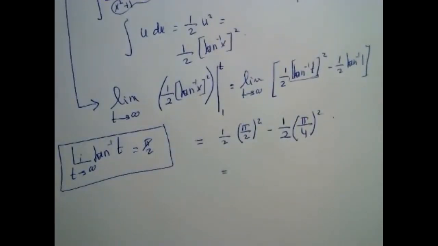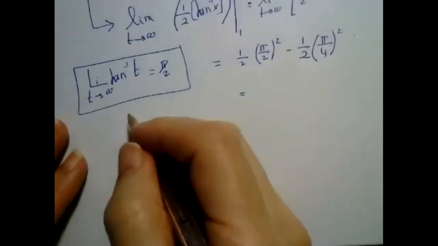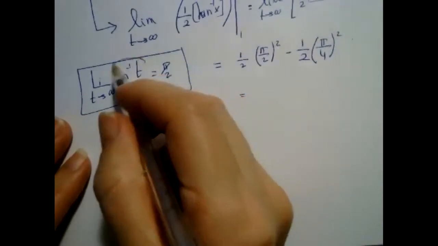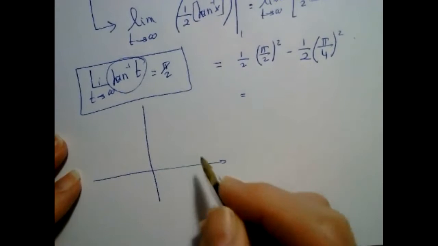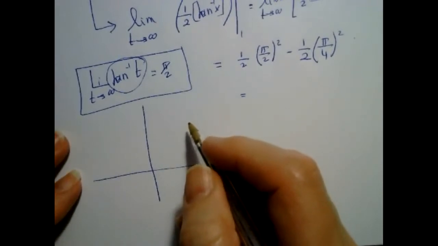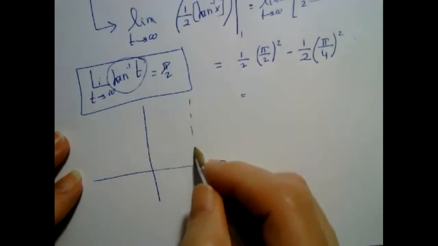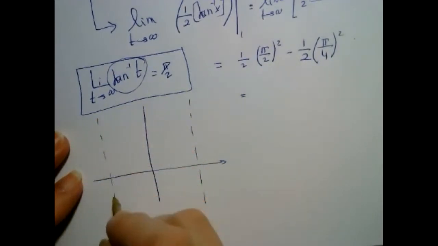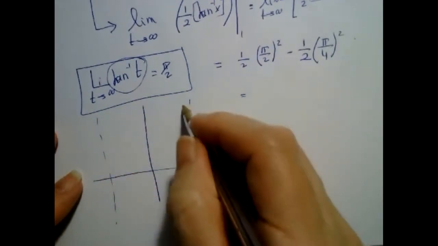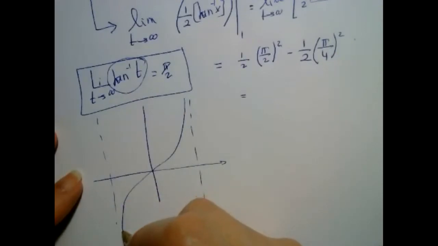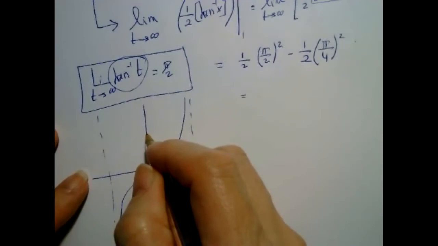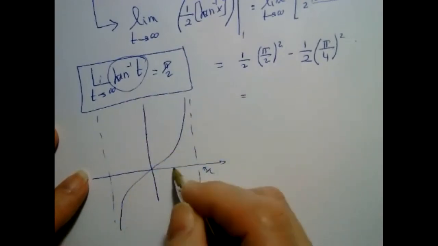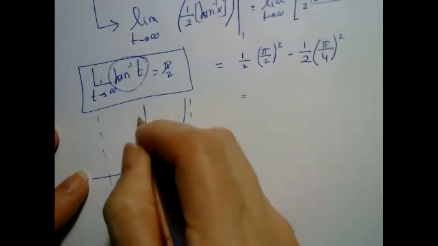I'm really confused on how you got the pi over 2 for tangent inverse of t. Tangent inverse is the angle whose tangent is t, right? Yes. Let us remember a little bit the graph of tangent. It goes like that. This is 0 and this is pi over 2. So the tangent inverse is actually the angle whose tangent is t.